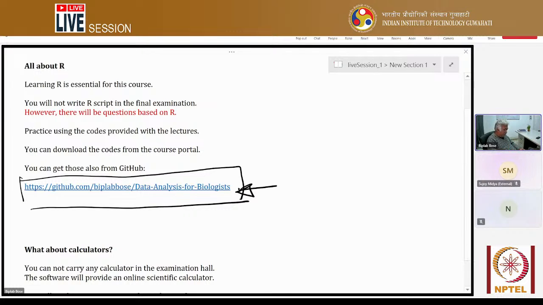Now, one important thing many people have asked me over the mail is whether we should be using R in the final exam. Remember, the final exam is a computer-based exam, just like GATE and JEE.